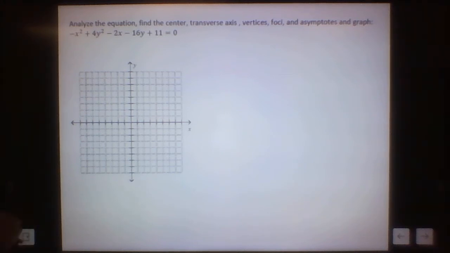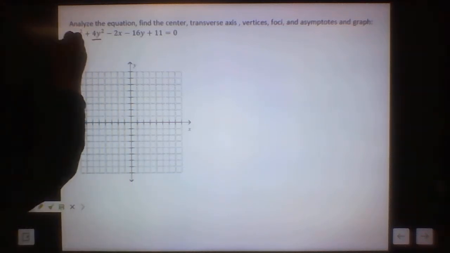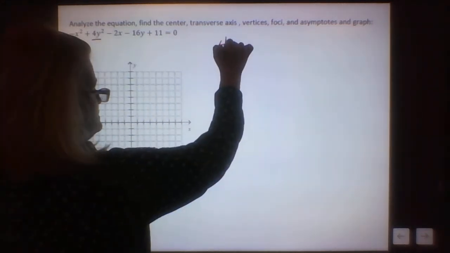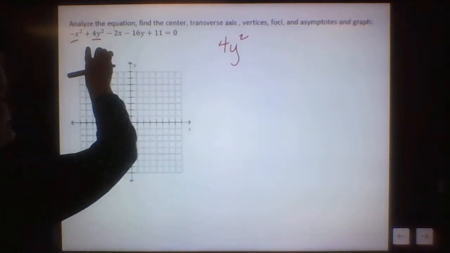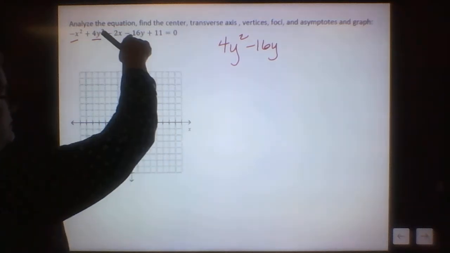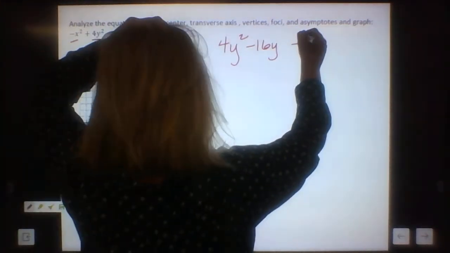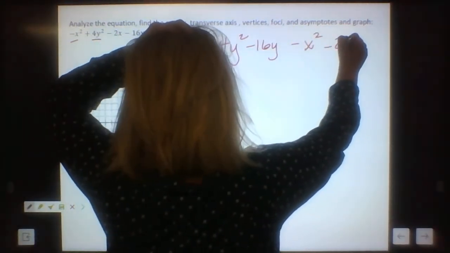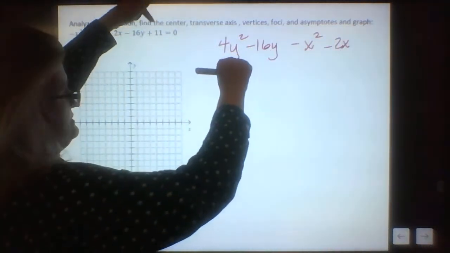Okay. So, oh, what a mess. But I do know this is positive, that's negative. So this is going to go first. So I'm going to put all the Y stuff first. And then I'm going to put all the X stuff. And then I'm going to move this 11 over.